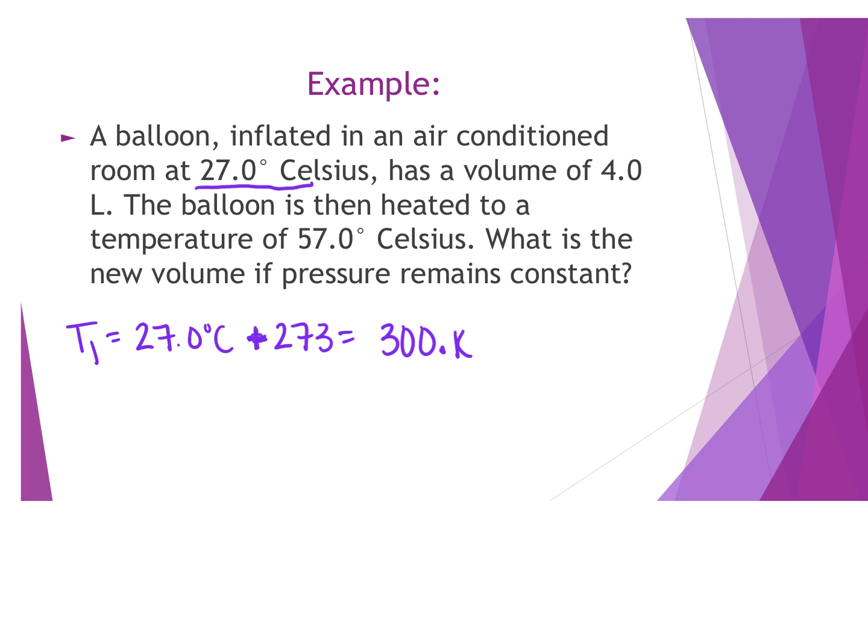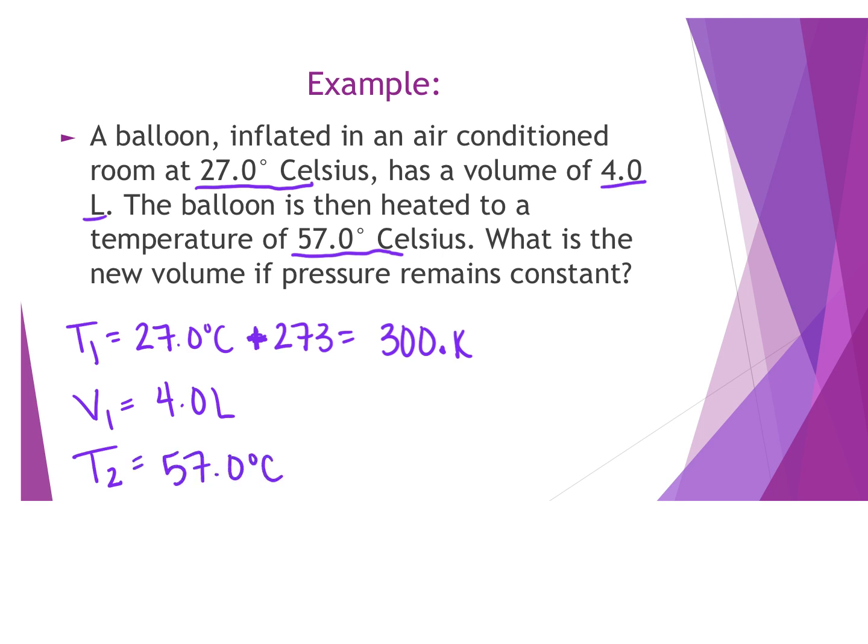All right, what's the second number given to you? 4 liters. A liter is a unit for volume. So V1 is 4.0 liters. What's the third number given? T2 is 57 degrees Celsius.